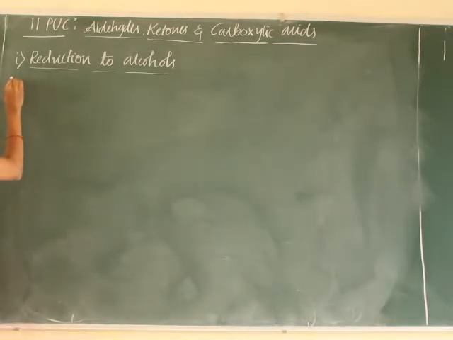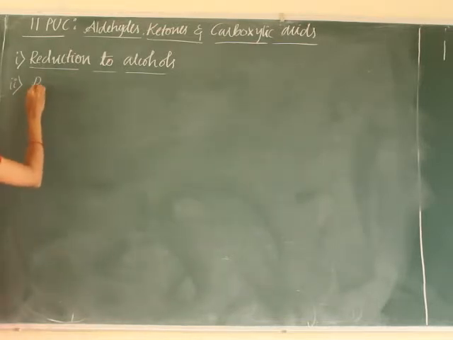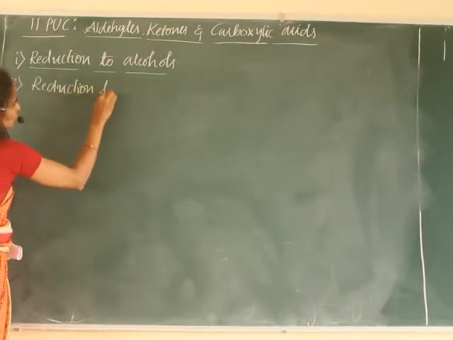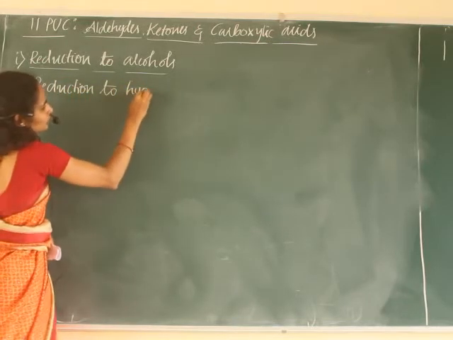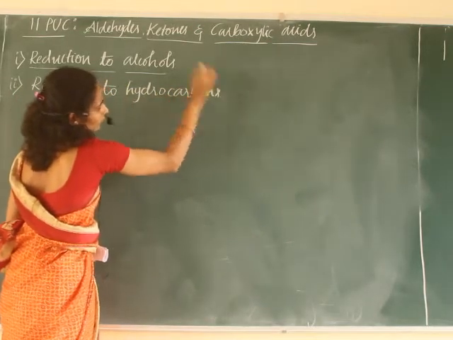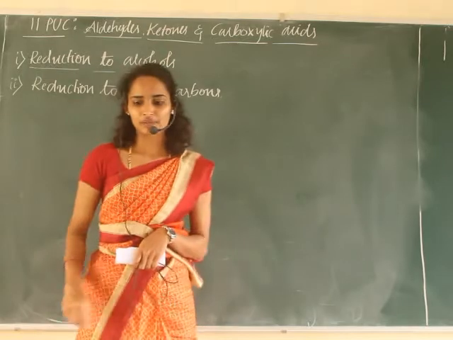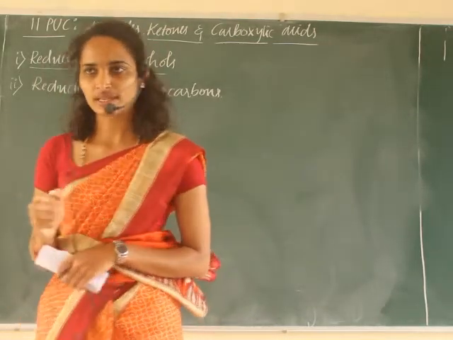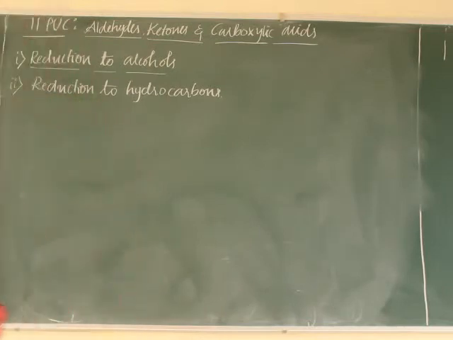In reduction reactions, the second one is reduction to hydrocarbons. In reduction to hydrocarbons, there are two important reactions. The first reaction is Clemmensen reduction, and the second reaction is Wolff-Kishner reduction.